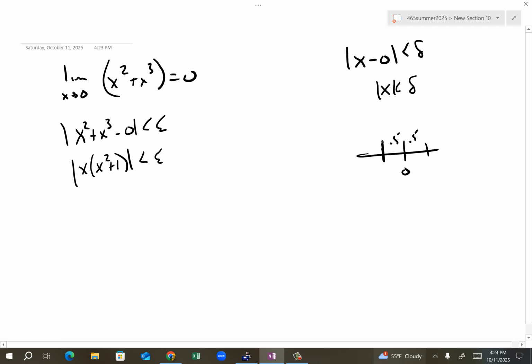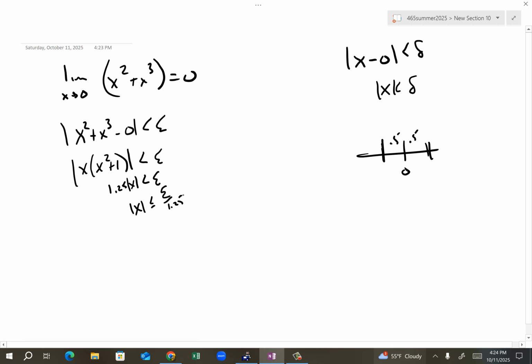That's going to form the edges of our boundaries, and as long as we stay inside those, we are good. So if I plug those in there, I'm going to get 1.25, I think. The absolute value of x is less than epsilon over 1.25.